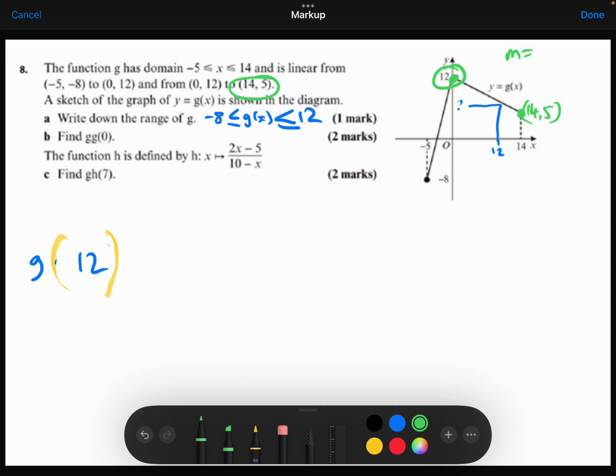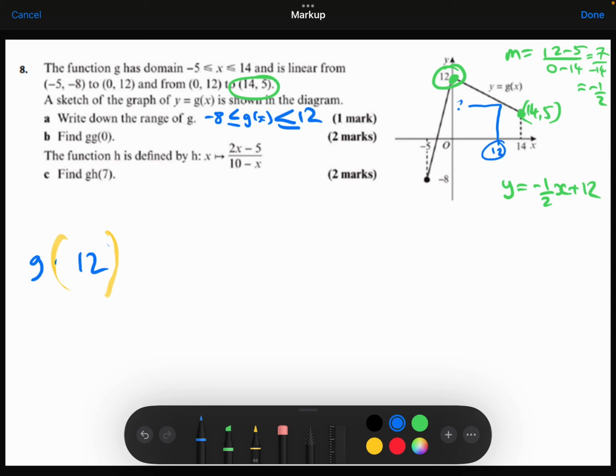So the change in y divided by the change in x, so we get -1/2. So the equation of that part of this piecewise function is -1/2 x plus 12.